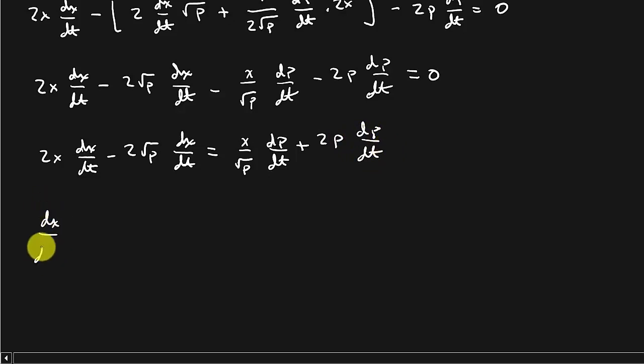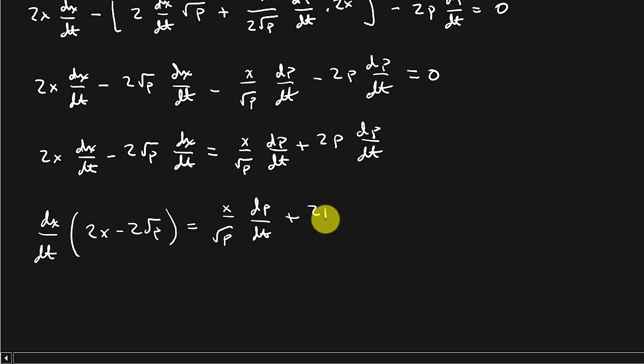And then I factor out a dx/dt, and that leaves me with 2x minus 2 square root of p equals x over square root of p dp/dt plus 2p dp/dt.